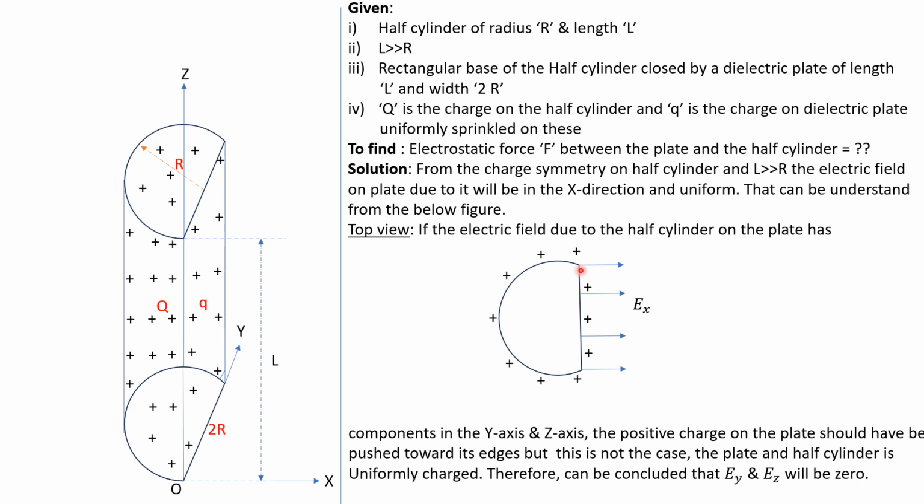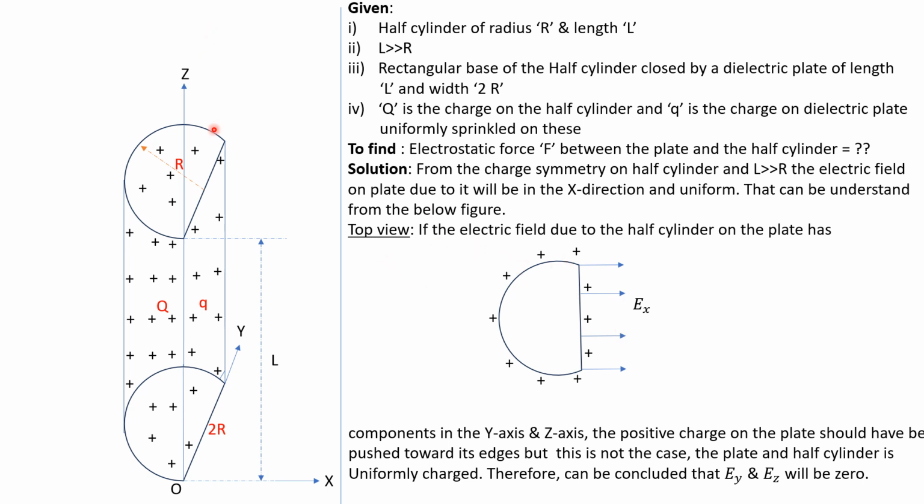Now, from the charge symmetry on the half cylinder and L being much greater than R, the electric field on the plate due to it will be in the x direction and uniform. This can be understood in one way by the figure below, the top view.